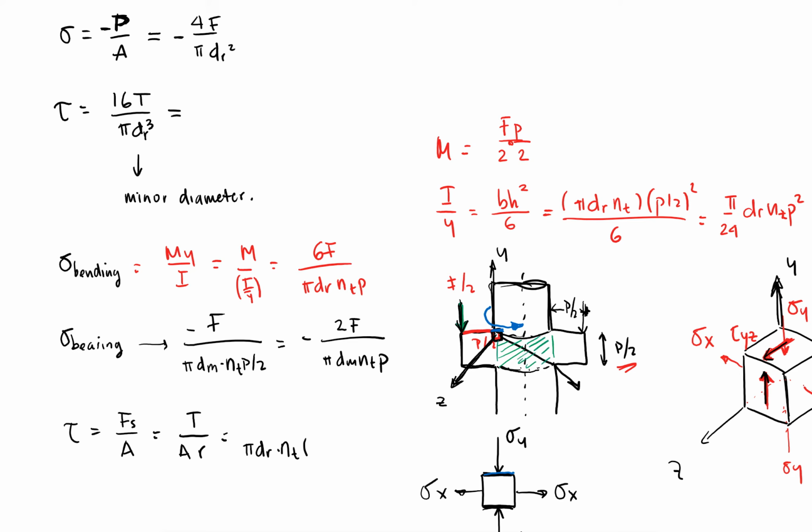Okay, so the circumference times p over 2, so that's what I'm missing, p over 2 times the number of threads. Okay, that would give me the actual contact area, and then T over r, which is the radius, would be dr over 2.